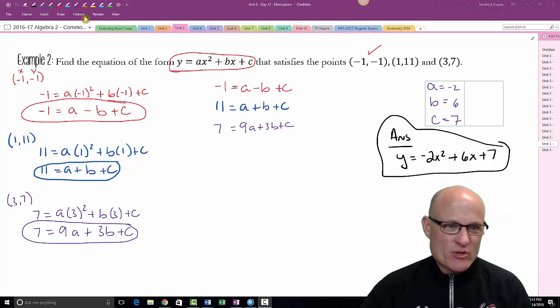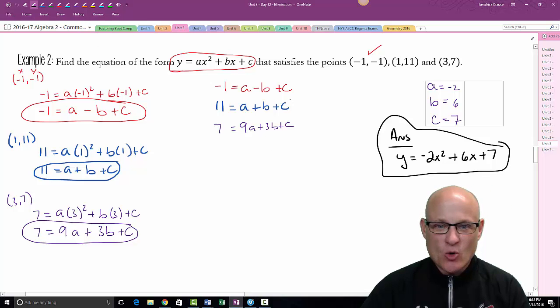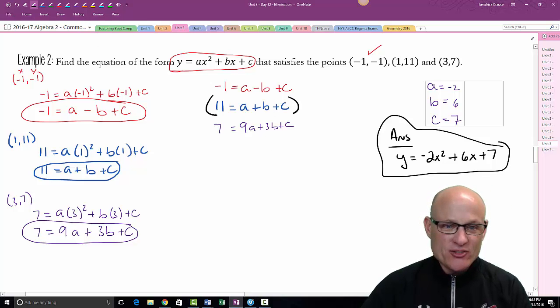Notice that in every case, the c is always 1. So I just take this one and I multiply through by -1. I'll have positive c here and negative c here and positive c here. So I'm going to group these first two together.